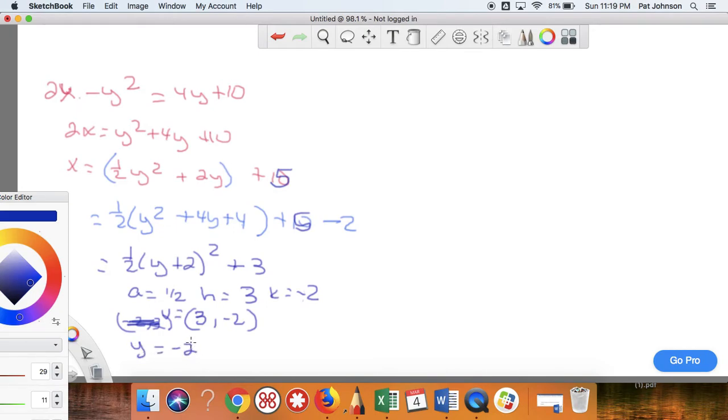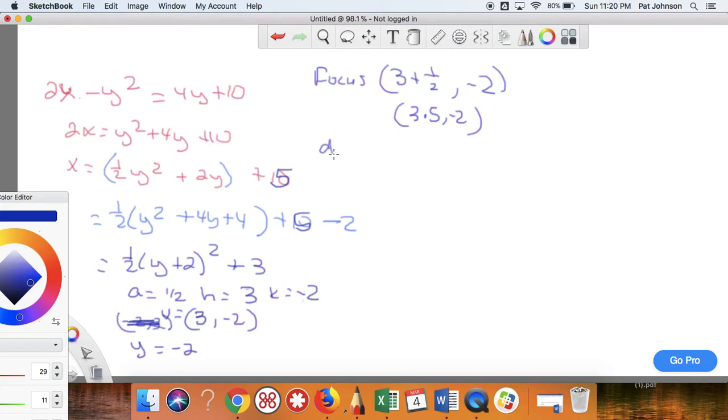It's y equals k. And then our focus, based on the formula, is going to be 3 plus 1 over 4 times a, which is 1/2, which is 2, comma, -2. So this is (3.5, -2). And I'm just using the formula here.